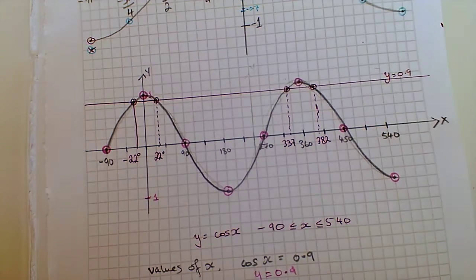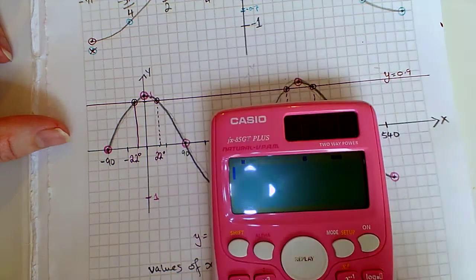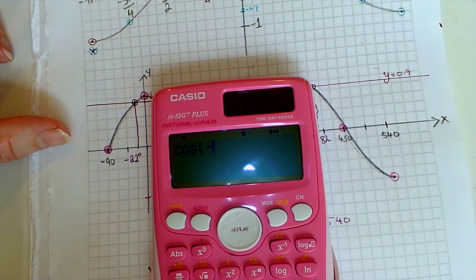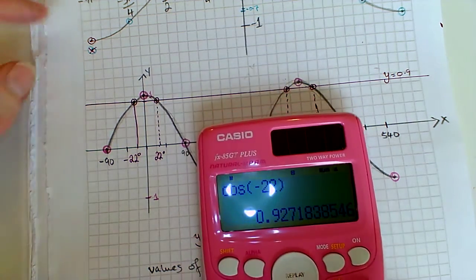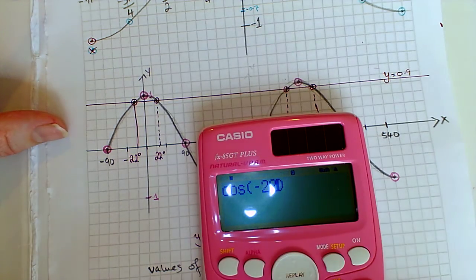Now before I'd answer, I would check if they make sense. So if I get cosine of negative 22 degrees, it's very, very close to the 0.9. So I'm happy enough with that, for the fairly rough graph that I have.